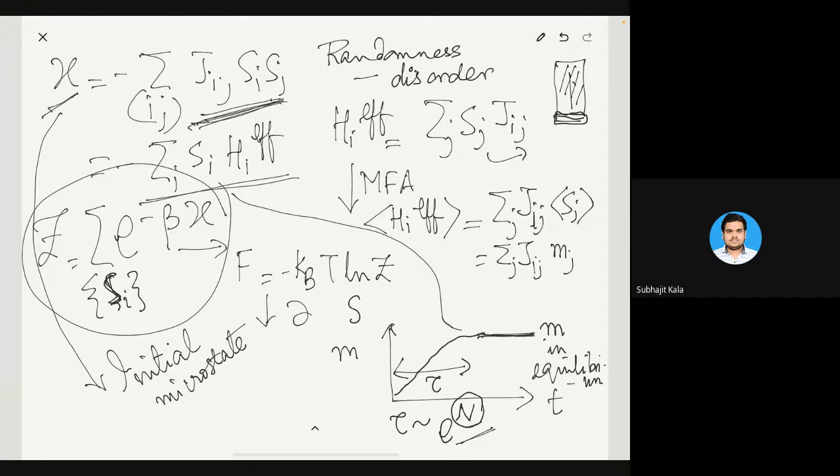So such behavior is generically referred to as glassy behavior, slow relaxation. Whenever you see slow relaxation, you say that the system has glassy behavior, and it turns out that this model shows very slow relaxation.